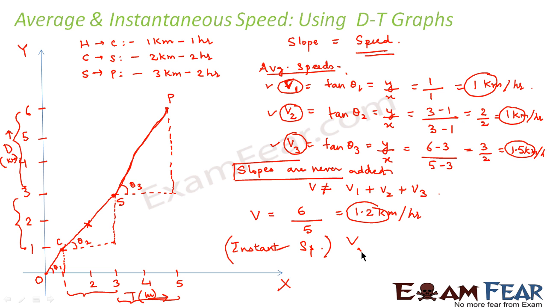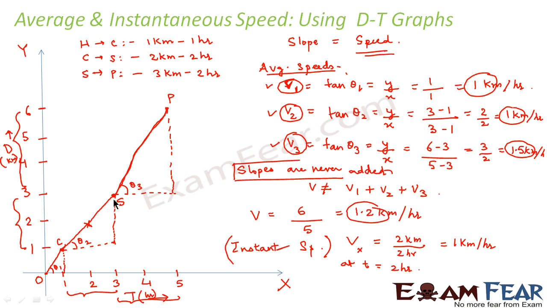That is the value of velocity at this point. So this point velocity would be 2 kilometers by 2 hours, that means 1 kilometer per hour. So this is the instantaneous value of velocity at t is equal to 2 hours.